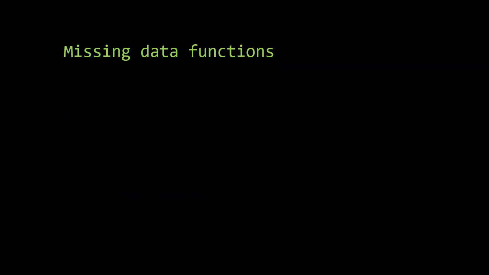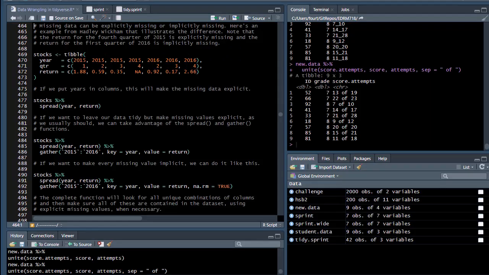Let's look at some functions for dealing with missing data. Here I'm going to import into stocks the tibble that I just showed you that has both the explicit missing data for the fourth quarter of 2015 and implicit for the first quarter of 2016.